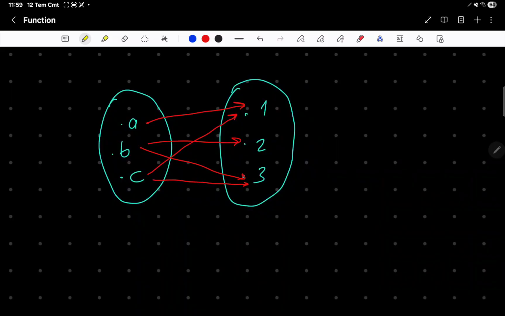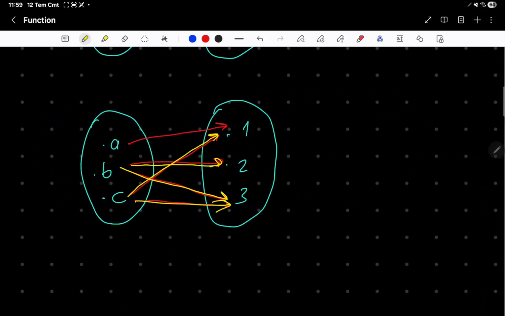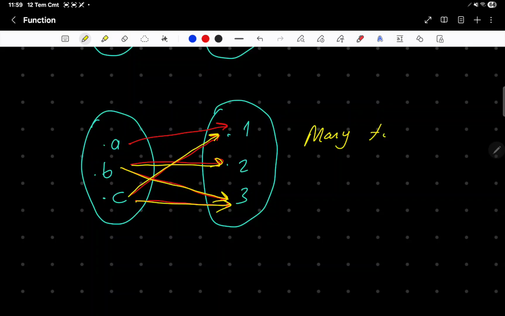For example, A to 1, A to 3, B to 2, B to 3, C to 1, C to 3. Many to many is a non-function.